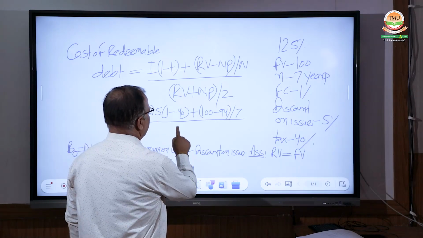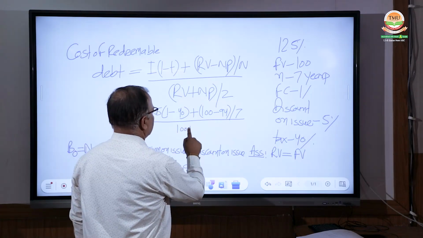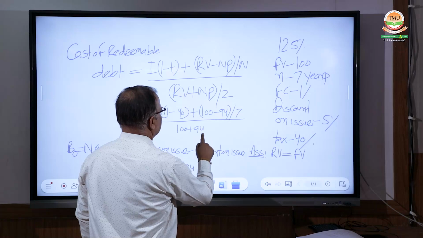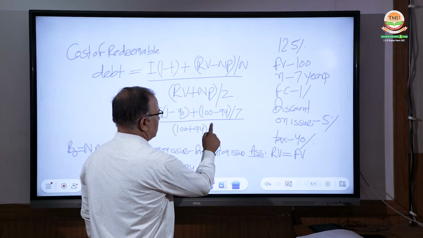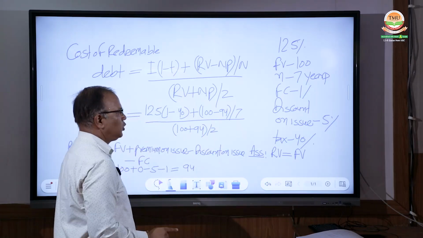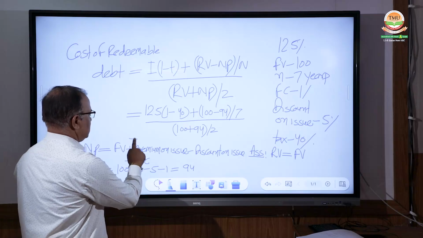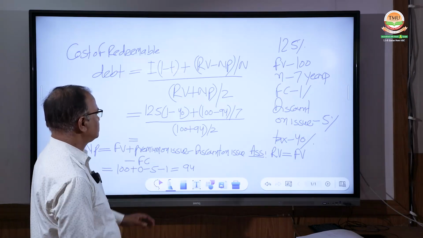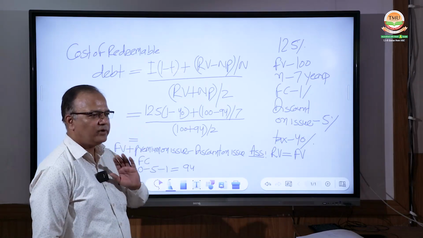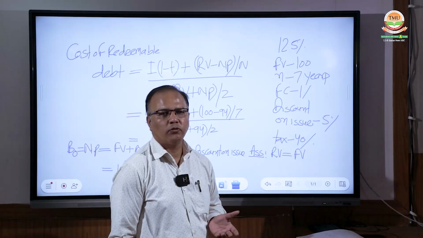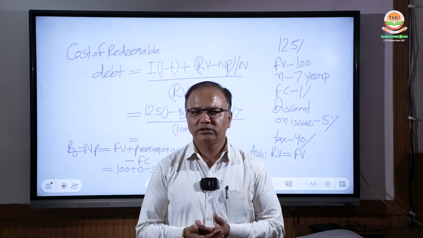RV, redemption value again 100 plus 94, divide by 2 is equal to 12.5 into 1 minus 0.4. 1 minus 0.4 means 0.6.